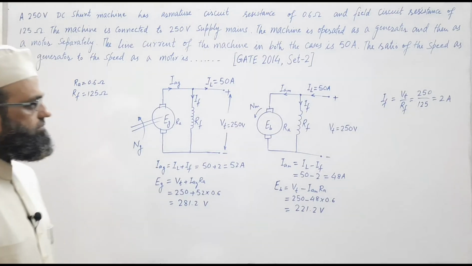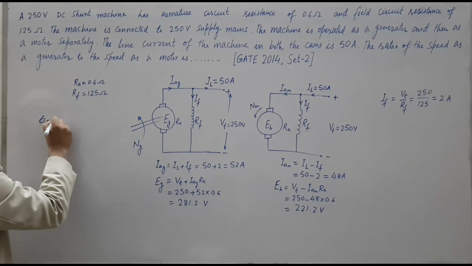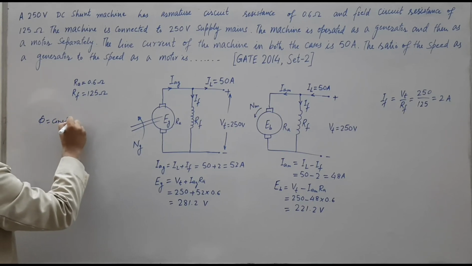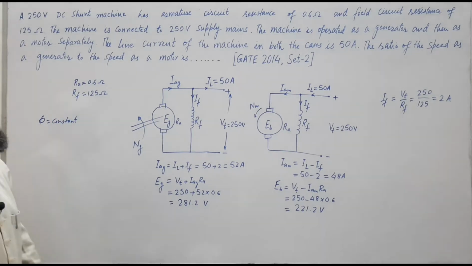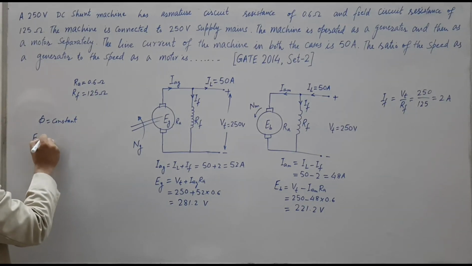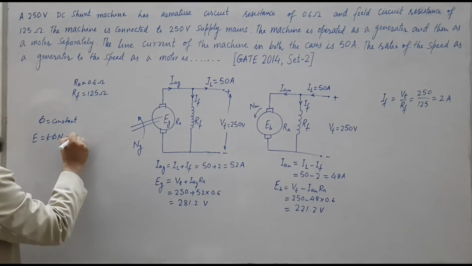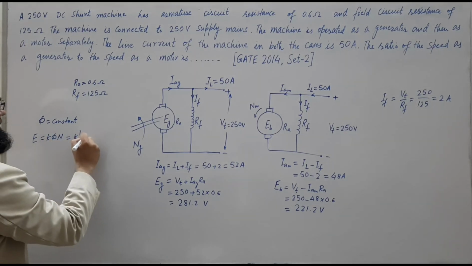So now we have evaluated the two EMFs in case of generating mode, in case of motoring mode, right? So we know that when phi is constant, as we have discussed under capsule number 2, then the equation of E, which is K phi n, becomes K dash some other constant n.